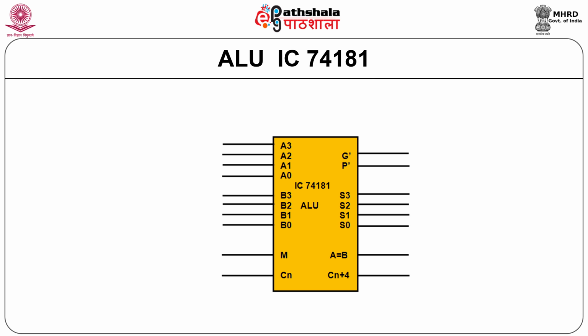Whereas under logical function modes, there are XOR, AND, OR, NAND, comparator and 10 other logical operations. And third, it also provides full look ahead logic for high speed operations on a longer word.